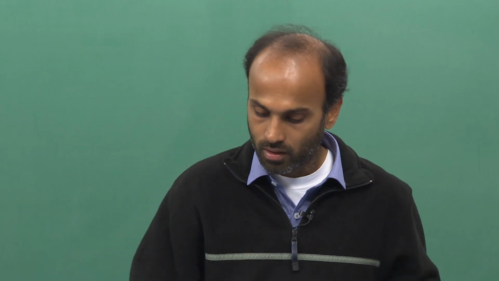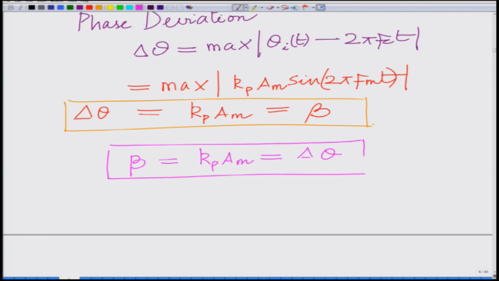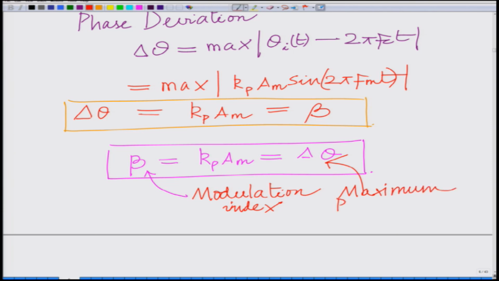So, beta, the modulation index, equals k p times a m, which is also equal to delta theta, the maximum phase deviation.